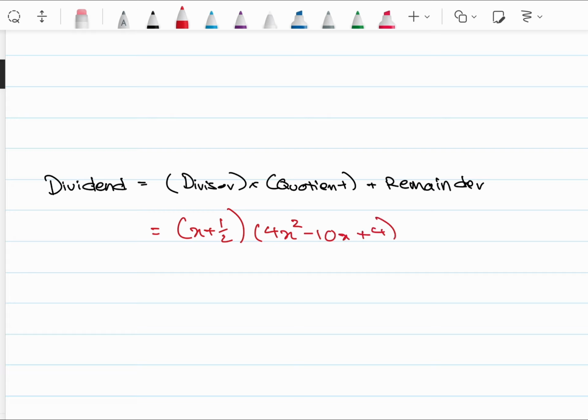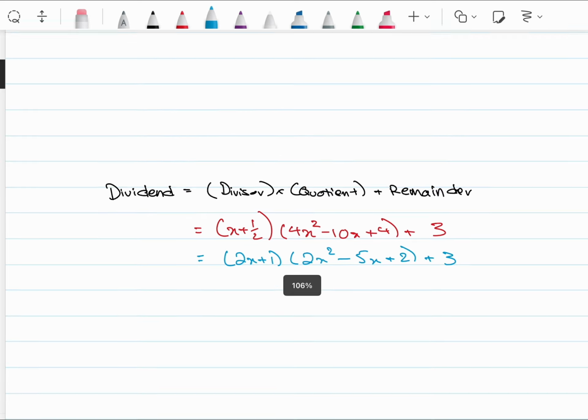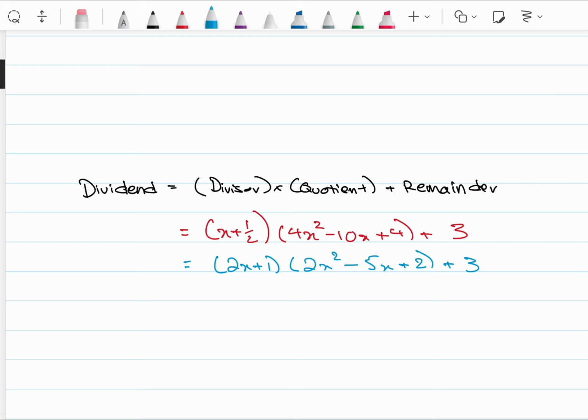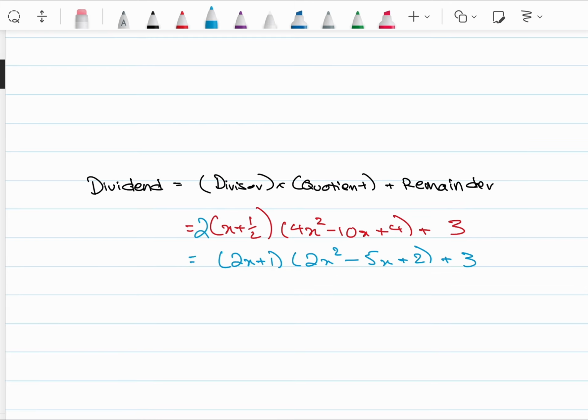The dividend is ultimately the same, right? Because x plus half and 2x plus 1 are almost the same. But for 2x plus 1, the synthetic division does not account for the extra 2 that you're multiplying. These are basically the same, except you've put a 2 here. You've multiplied this by 2.